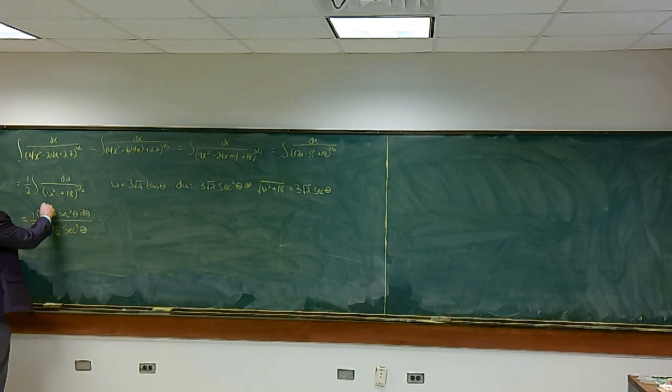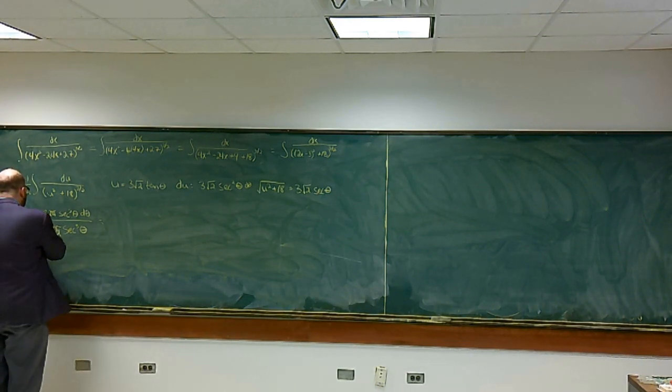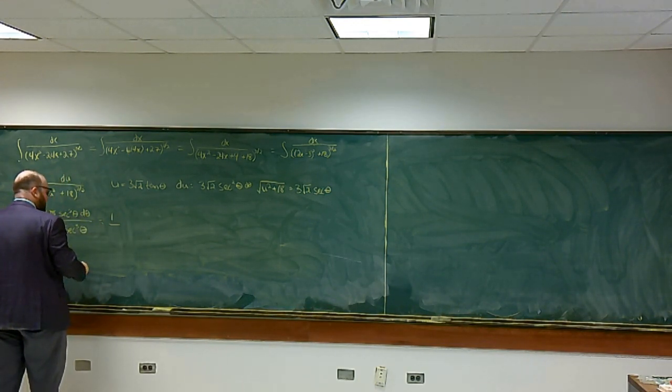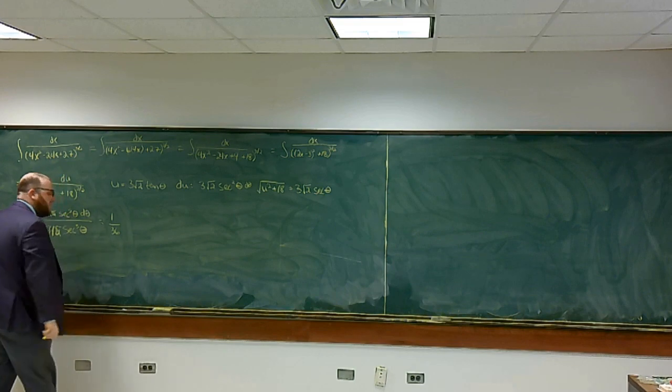So the root 2's drop out. What's 54 divided by 3? It would be 1 over 2 times 18, 1 over 36.